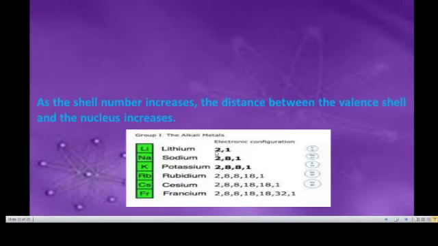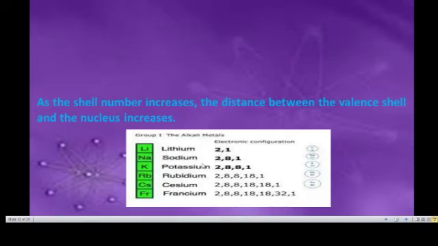Lithium has 2 orbits, sodium 3 orbits, potassium 4 orbits, rubidium 5 orbits, cesium 6 orbits, and francium 7 orbits. So from top to bottom, the number of orbits increases.